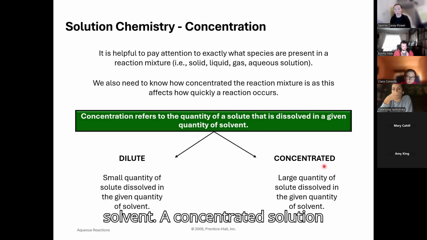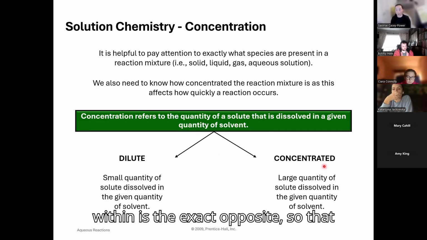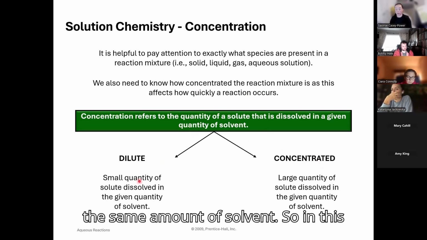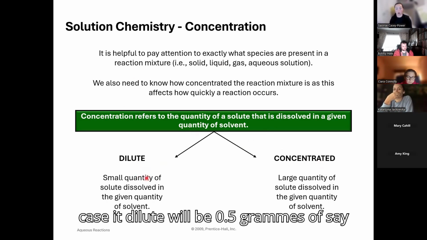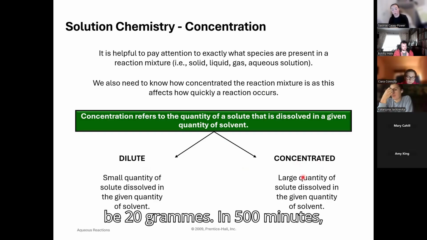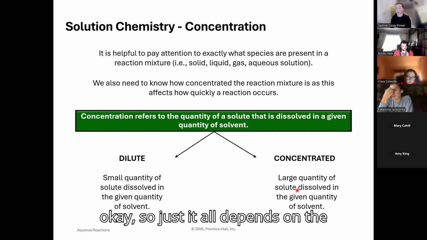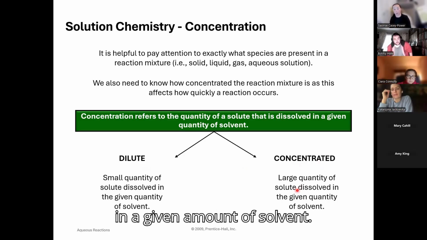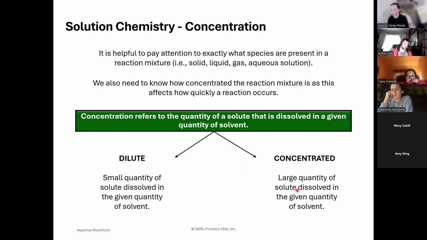A concentrated solution is the exact opposite: a large quantity of solute in the same amount of solvent. So a dilute solution would be 0.5 grams of, say, NaCl in 500 ml. My concentrated would be 20 grams in 500 ml. It all depends on the amount of solute that is dissolved in a given amount of solvent.